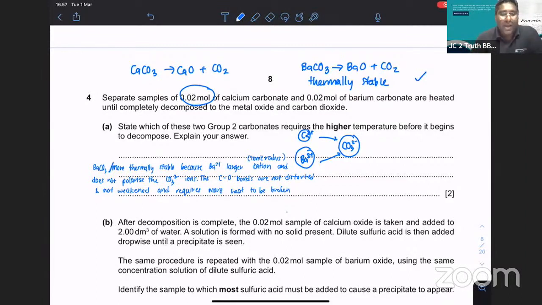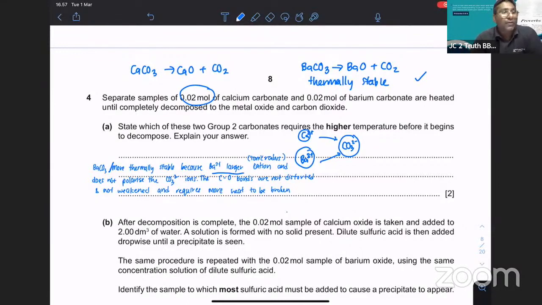Because barium carbonate is more thermally stable, because the barium ion is larger, you can say the ionic radius is larger, and it polarizes the carbonate ions less, so the carbonate ions are less polarized.